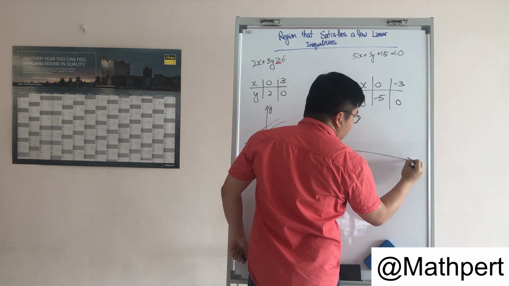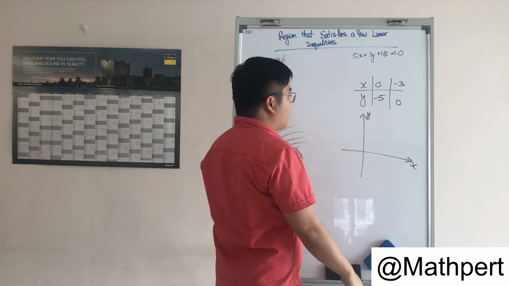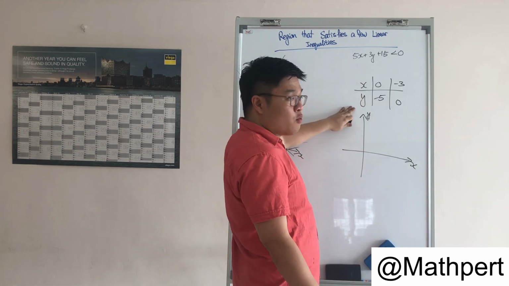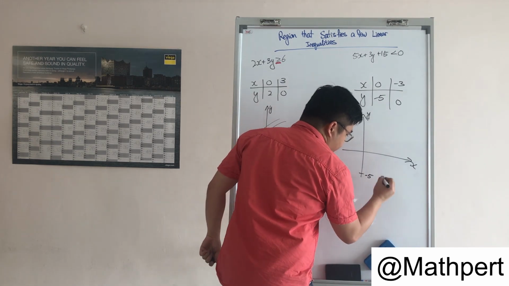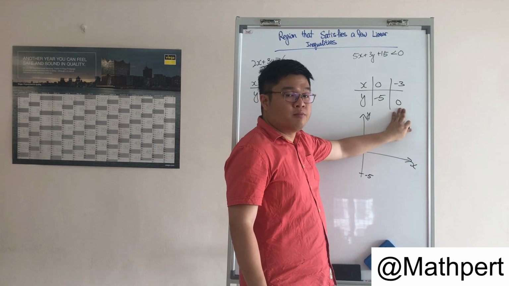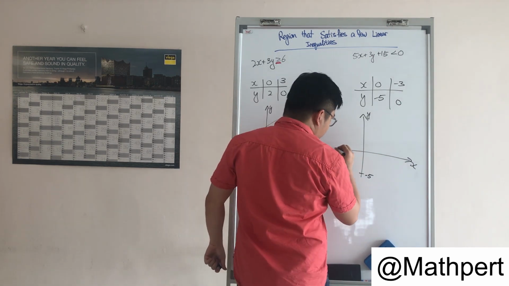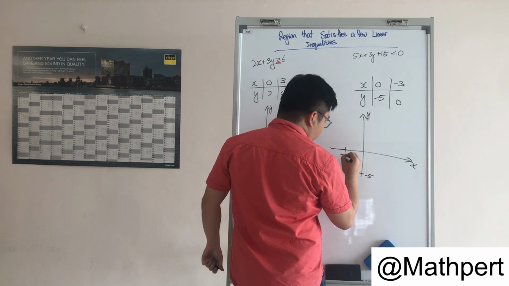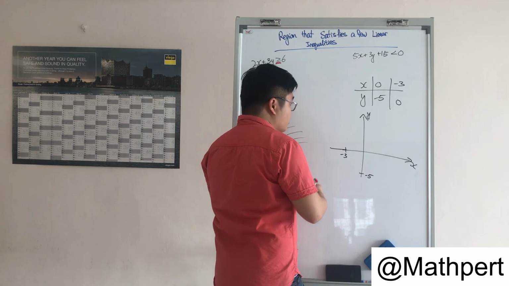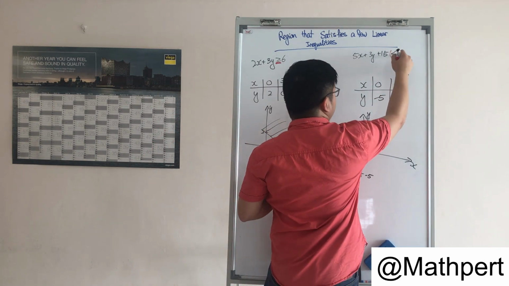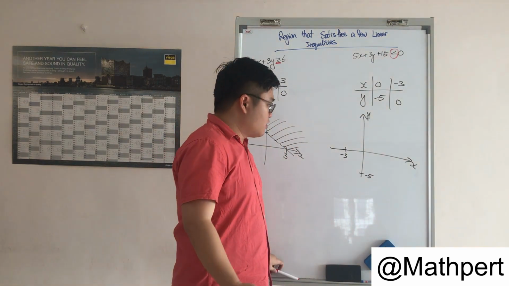Now let's draw the graph on the xy axes. When x equals 0, meaning on the y-axis, y equals minus 5. When y equals 0, meaning on the x-axis, x equals negative 3. Notice the inequality symbol: this one is smaller, there is no or equals to.